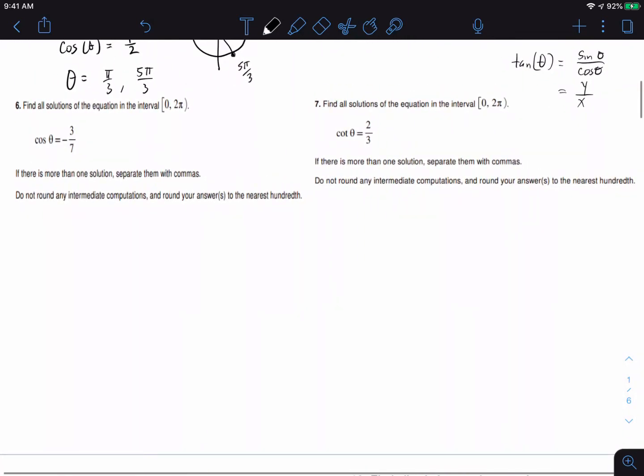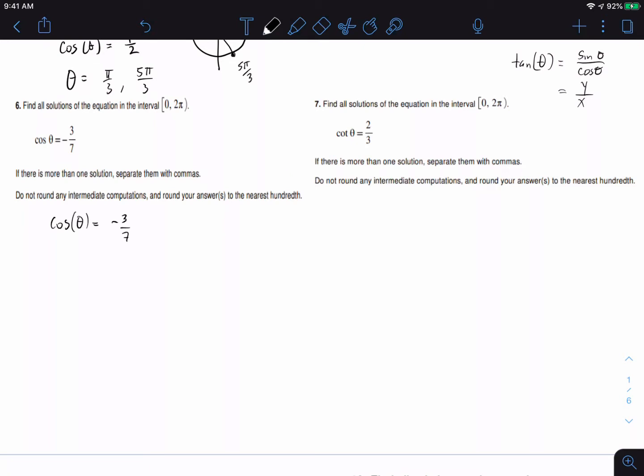Now here, in order to solve this, because negative 3 over 7 isn't something that is very easy for us to find, what we're going to do is I'm going to use some trig inverse on this. So if I have cosine of theta is equal to a negative 3 over 7, this isn't one that I know.